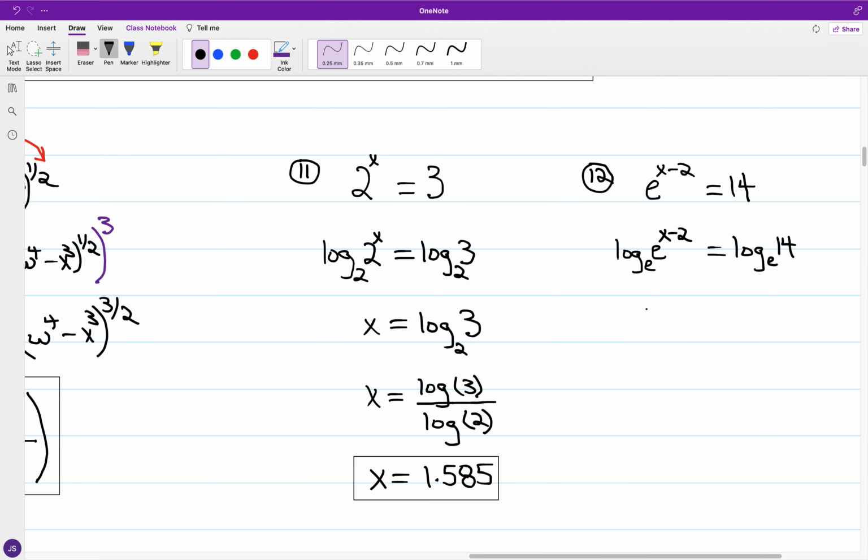So for the left-hand side, this will become x minus 2. And the base e logarithm of 14, that's going to be the natural logarithm of 14. Numerically, the natural log of 14 is a number that's going to be over 2.6.